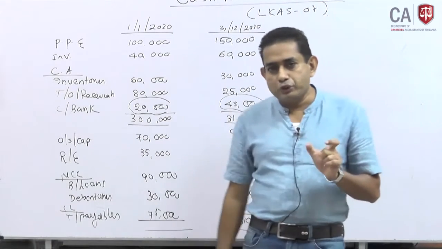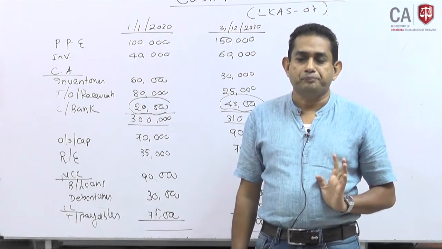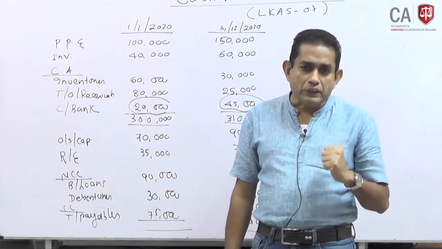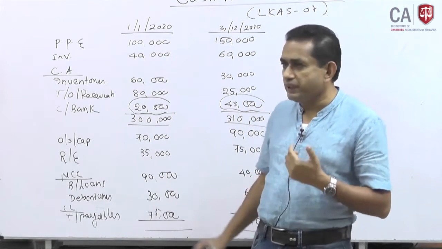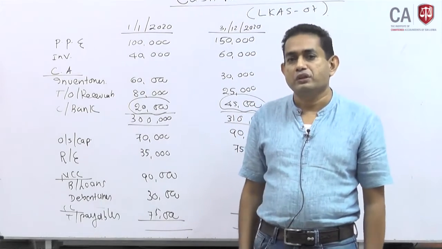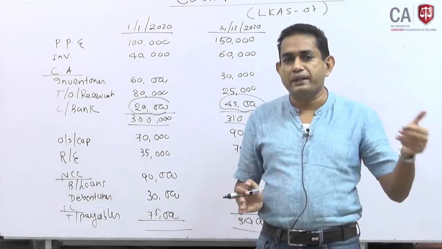In other words, during the current year, the total cash receipts have been higher by 25,000 rupees than the cash payments. Your cash inflows have been higher by 25,000 rupees than the cash outflows.